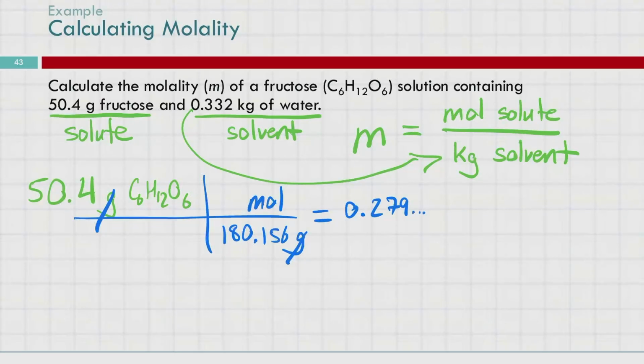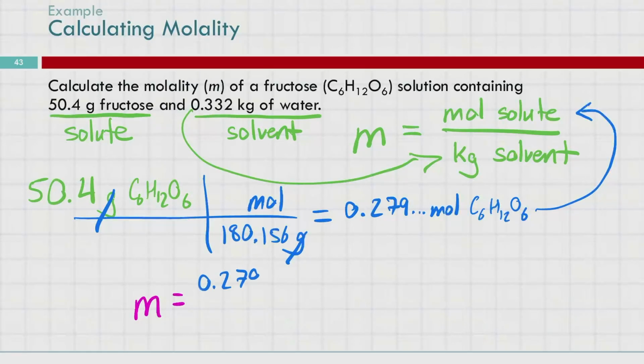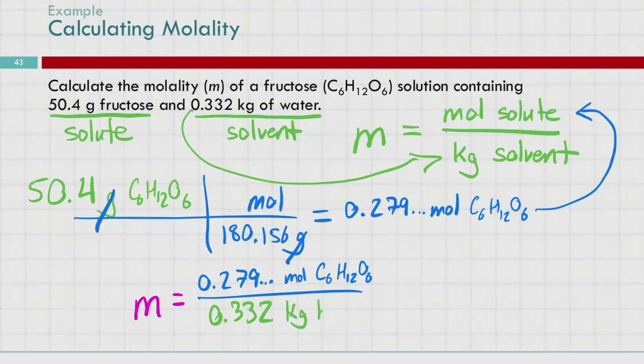0.279, meaning there's other stuff behind it. Moles of our solute, C6H12O6, goes in the moles solute part. So our molality is 0.279 moles over 0.332 kilograms of water.